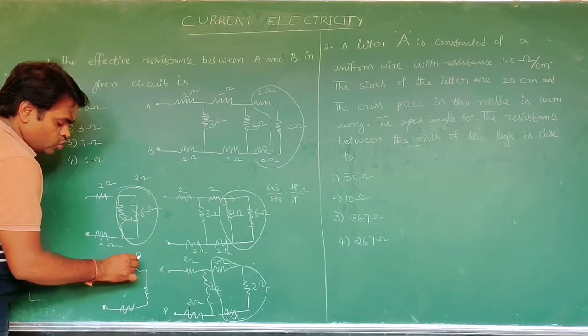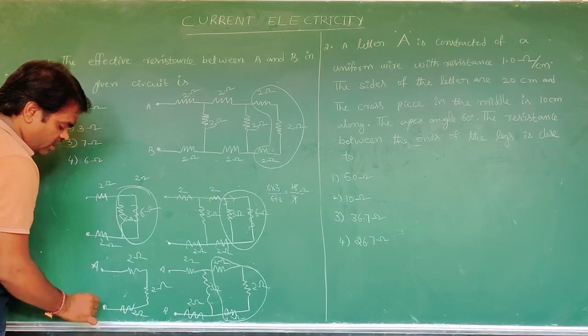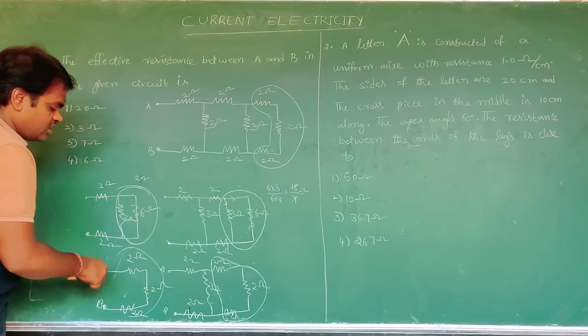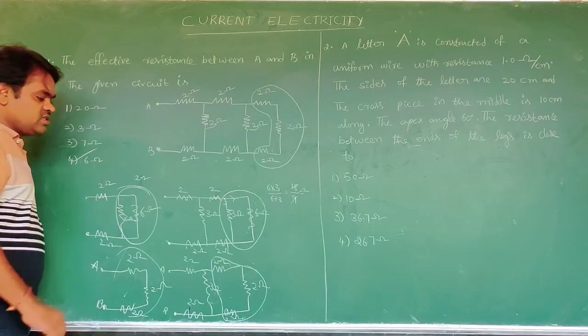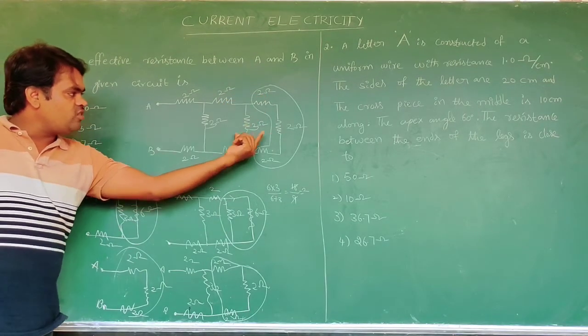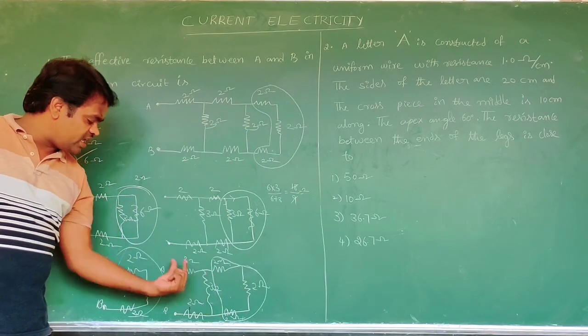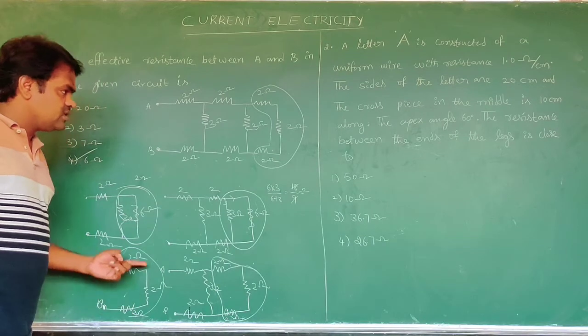We are getting 2 ohm, 2 ohm, 2. Then it's modified AB. That is the total 6 ohm. This is the correct answer. First these are series, again these two are in parallel, and next this series, again this parallel and this 6 ohm.